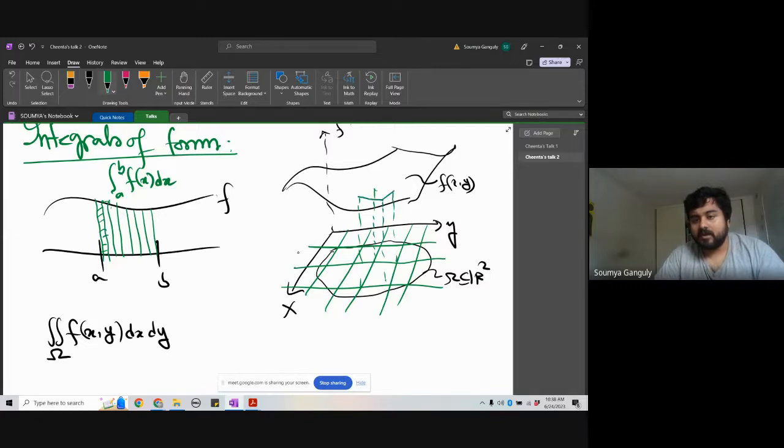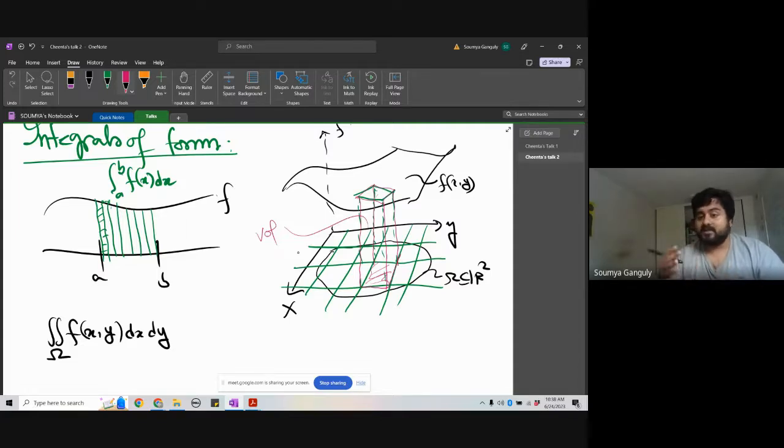So now you get this kind of a solid object here. You calculate the volume of this solid object, add those volumes, and take the limit when these boxes become arbitrarily small. And that will give you the integral of the function.